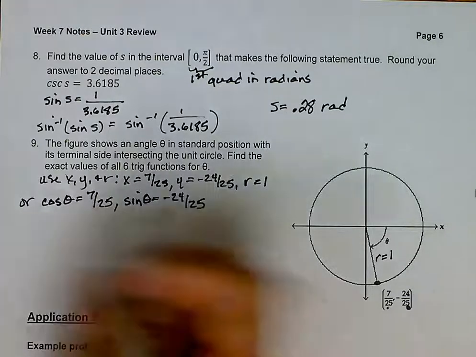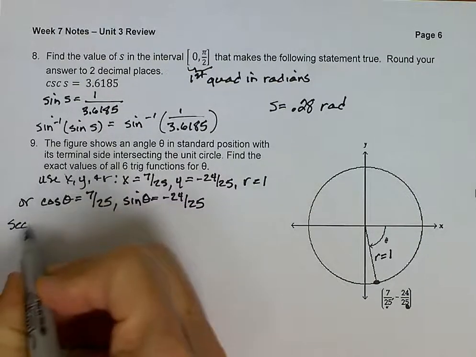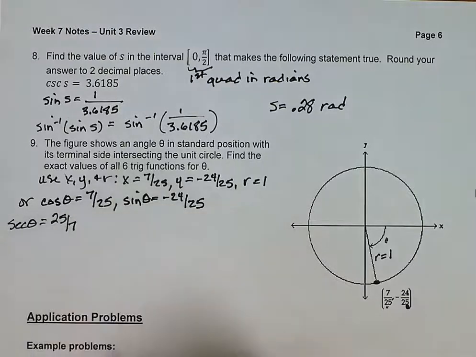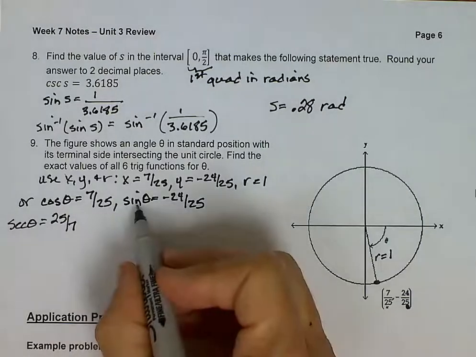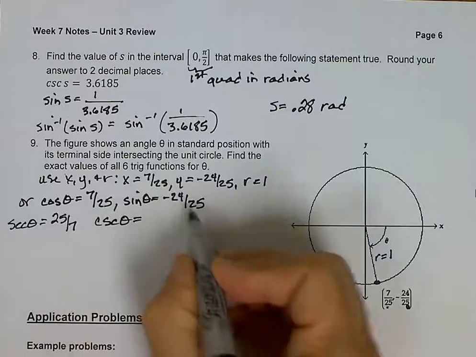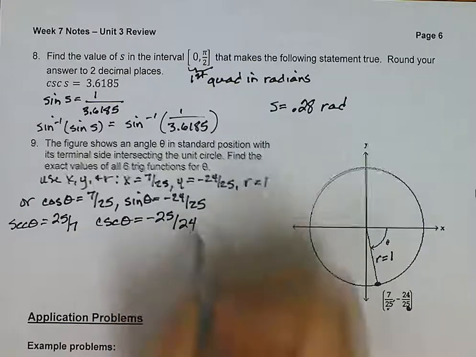For example, from this we could get the reciprocal, which is secant of theta, just by flipping this over. That would be 25 over 7. We could use the reciprocal of sine, which is cosecant of theta. Flip this over and that would give us negative 25 over 24.